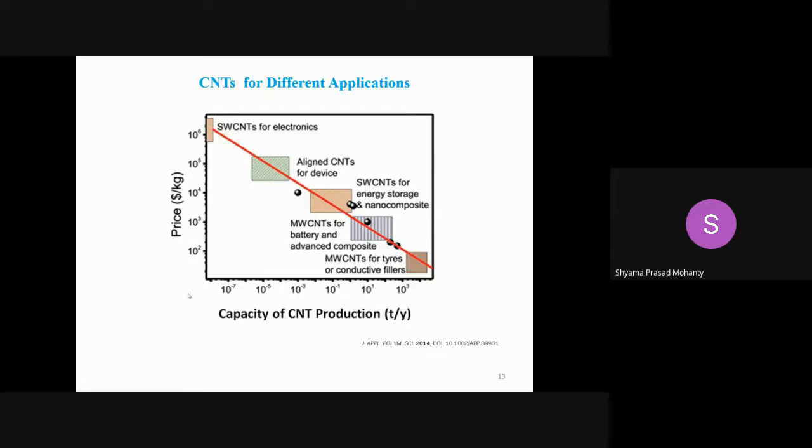When we go for the cheaper varieties of carbon nanotubes, mostly the multi-walled carbon nanotubes, they are produced in larger volumes, and they are mostly used in different composites and batteries, or some other applications where they find suitability for electrochemical energy conversion and storage.